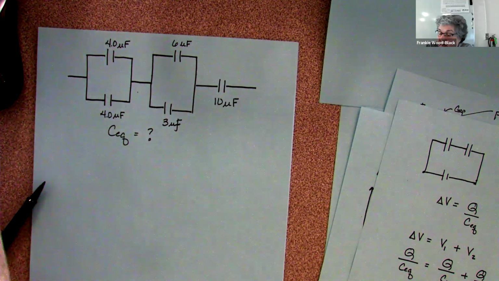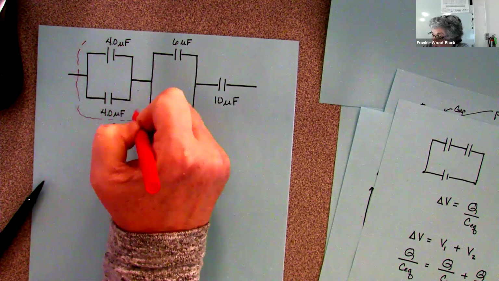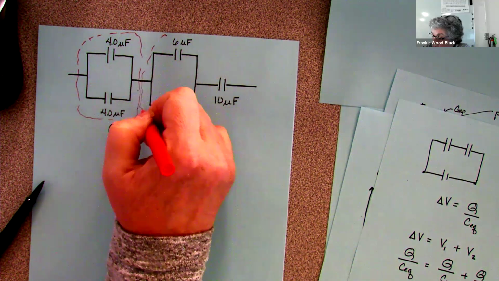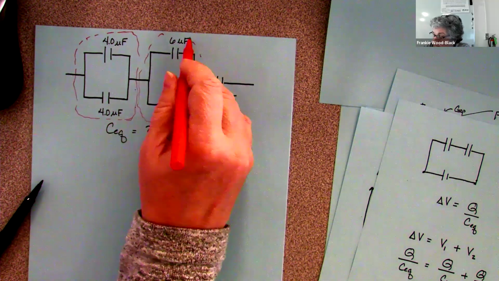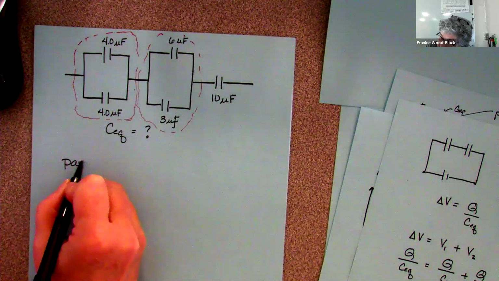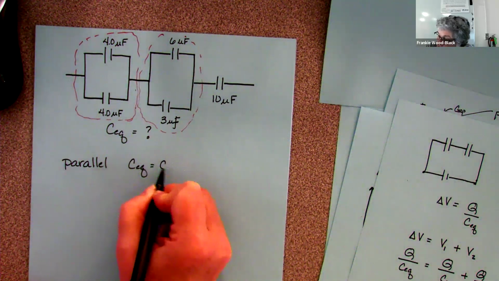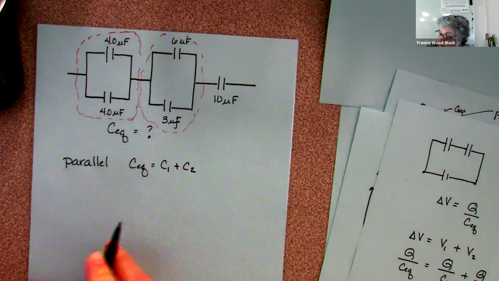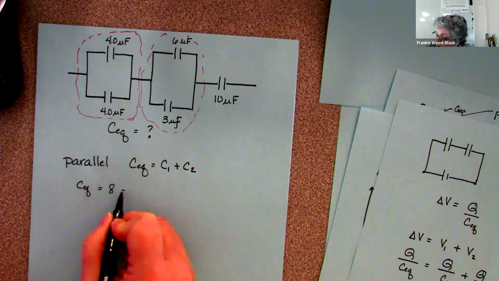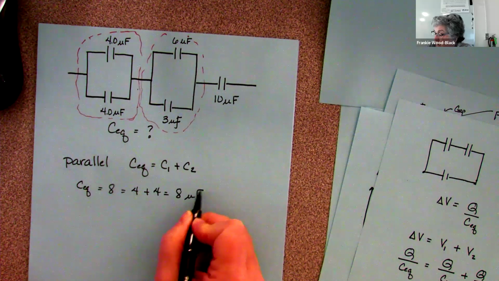Well, first thing is we're going to break it up. So this one's in parallel, so we're going to do those first. Now, if I'm in parallel, the equivalent capacitance is C1 plus C2. So for that one, the equivalent capacitance is 4 plus 4 equals 8 microfarads.